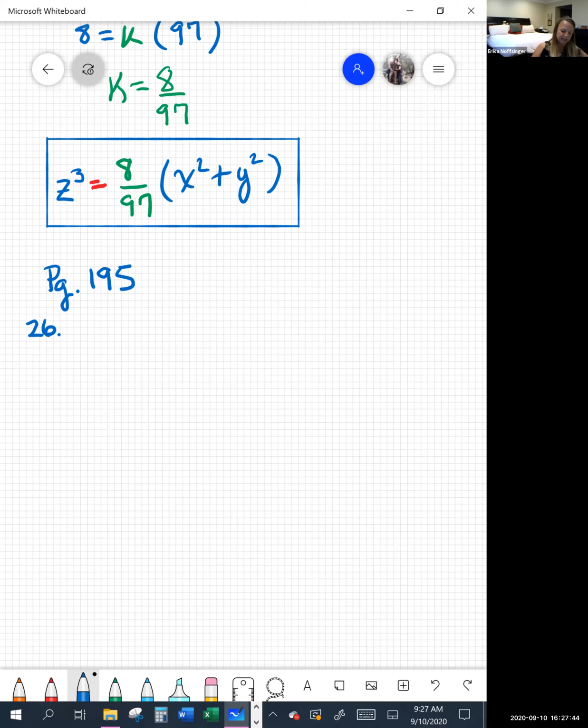So it says the velocity v, so v is equal to the velocity of a falling object is directly proportional to time t. Well, v is directly proportional, so I know it equals k times the time t it takes to fall.